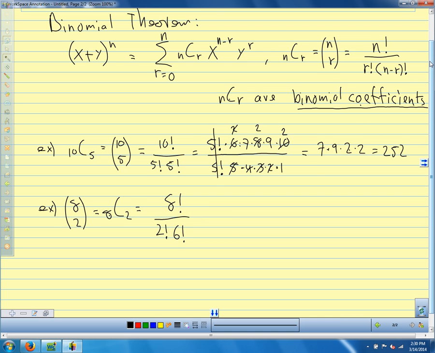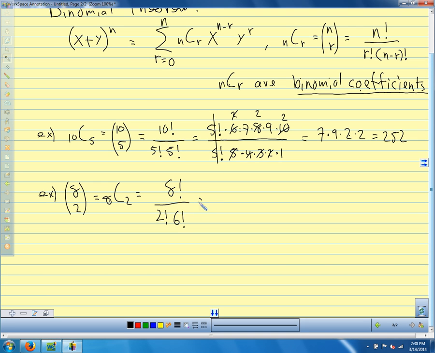To calculate this by hand, I'm going to say this is 6 factorial times 7 times 8 divided by 6 factorial times 2 times 1. 2 factorial is 2 times 1. Those cancel. That 2 can cancel with that 8 and make a 4. And I get 7 times 4, which is 28. So 8 choose 2, this particular binomial coefficient, is 28.